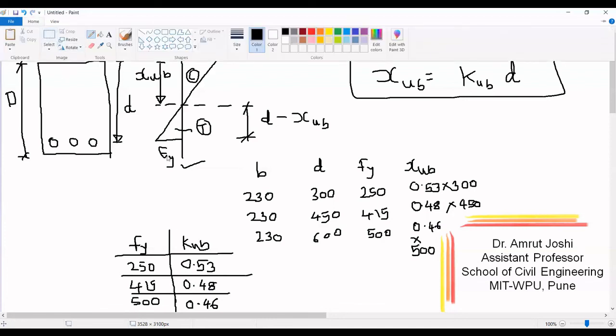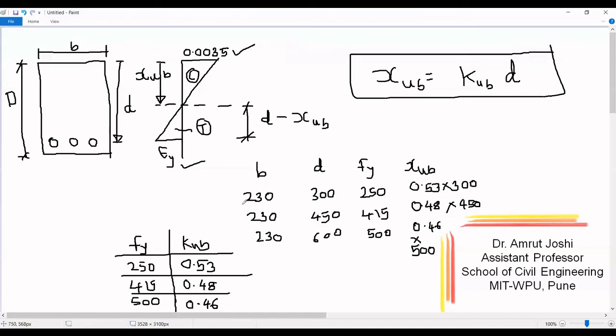I want to draw your attention to the fact that as you go on increasing the grade of steel, the neutral axis factor decreases. For Fe 250 it is 0.53, and for Fe 500 it is 0.46. What is the meaning of this? For example, consider the first beam.